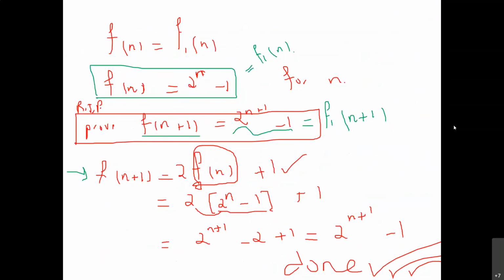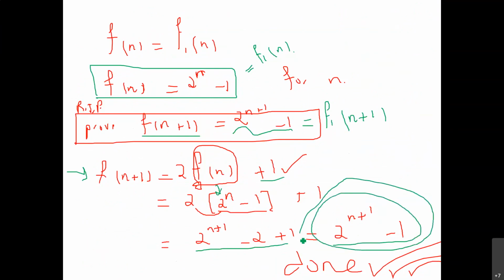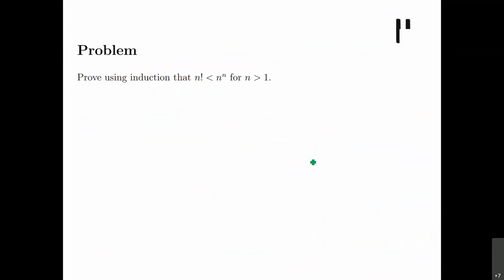So f of n plus 1 equals 2 times f of n, the previous, plus 1. Our hypothesis says we can do this. We expand, and we get what we're trying to find. So that's that. If you have any questions, let me know. Otherwise, try to do this one.